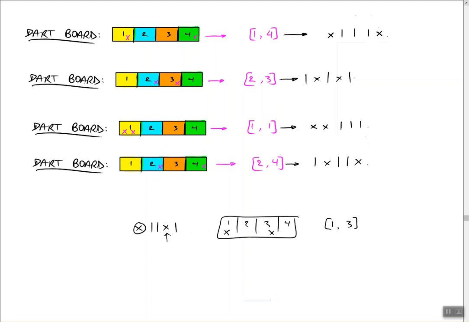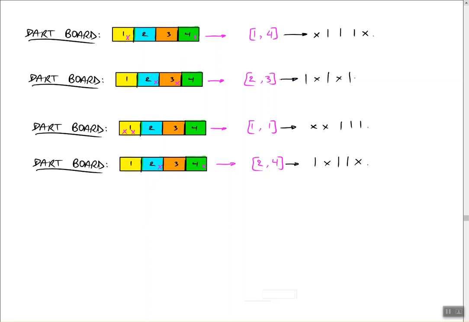Now, why do I bring up this slash and x method? I bring it up because the actual theorem in this section will rely on counting how many x's and how many slashes there are in the problem. In this particular problem, my dartboard had 4 groups, 4 options if you want.